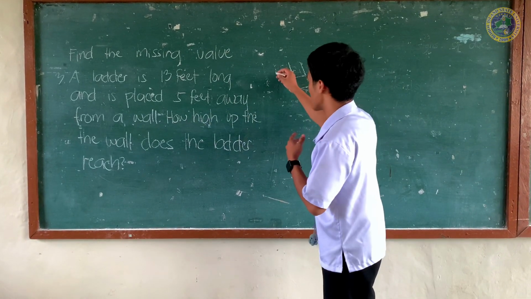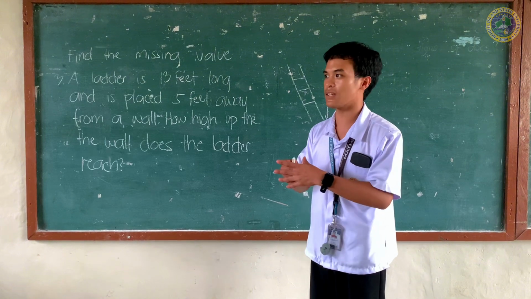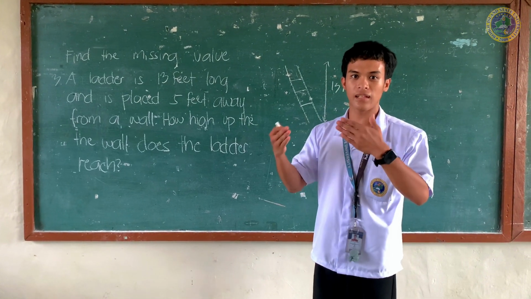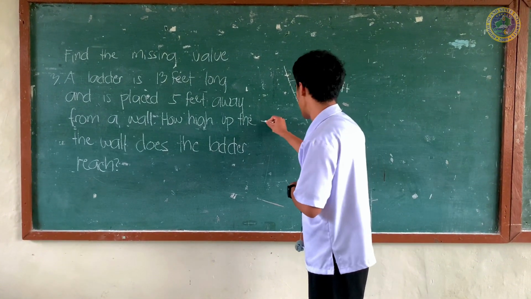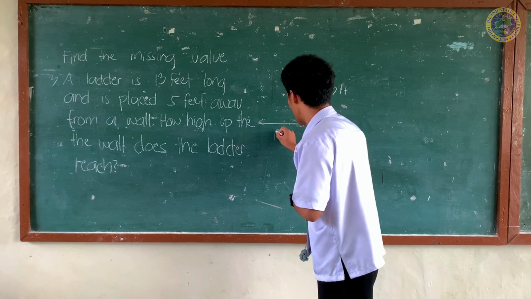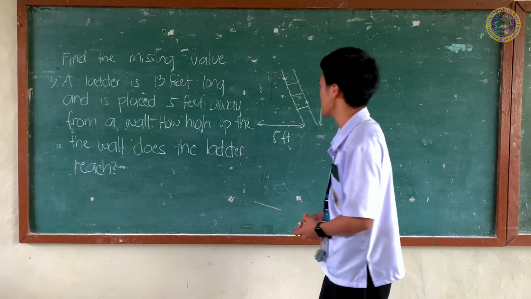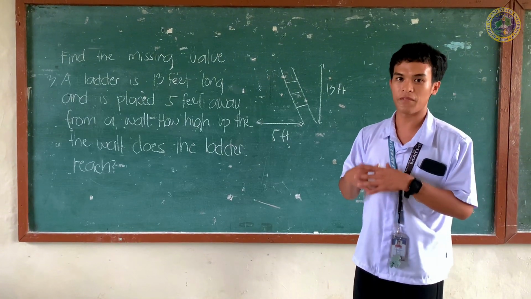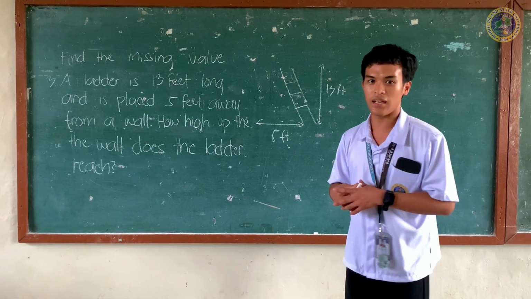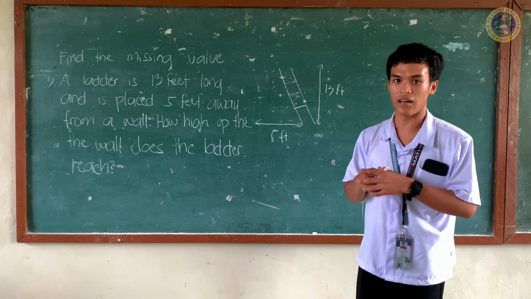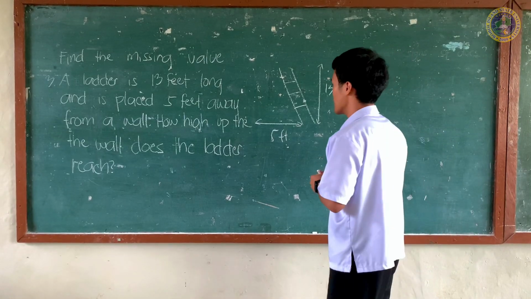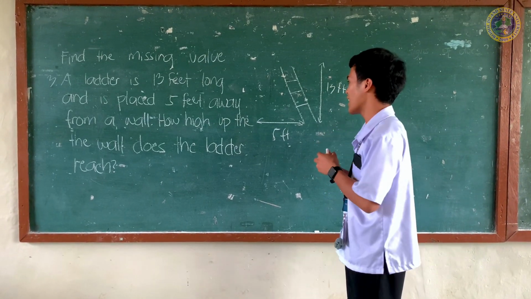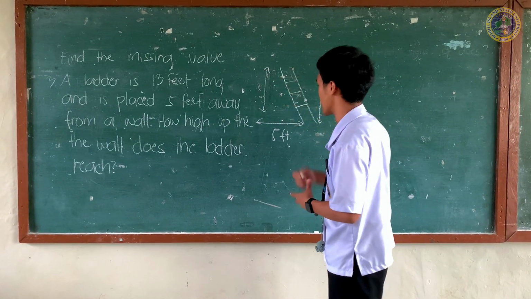So it means the distance between the wall and the foot of the ladder. So this is 5 feet long. So now, since we already illustrated the given values or sides, we can identify which side is missing. So it's clearly the height. So the height is missing.